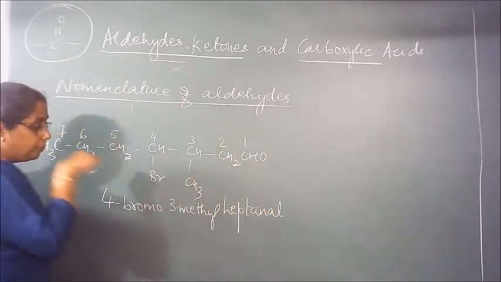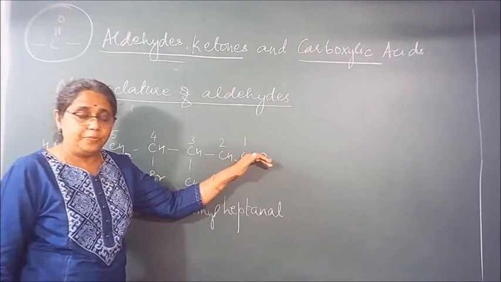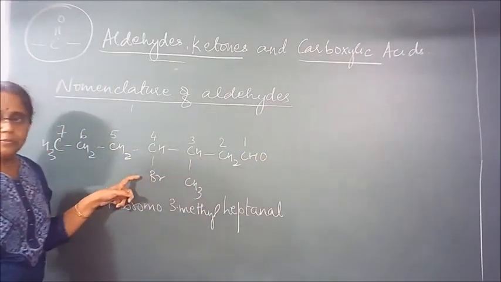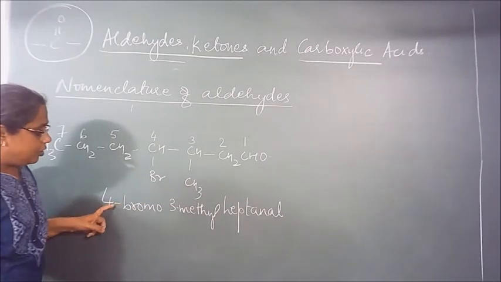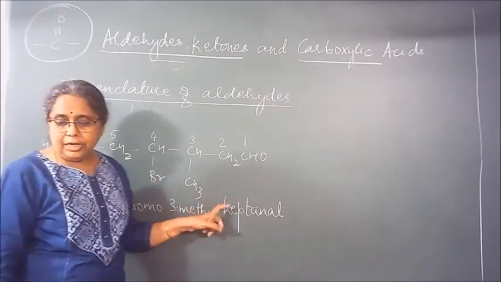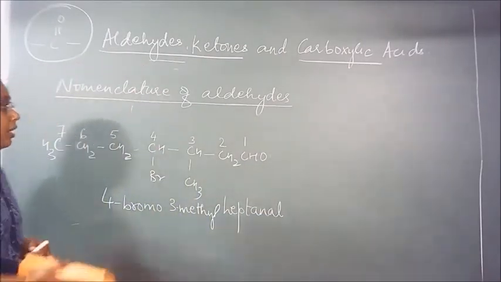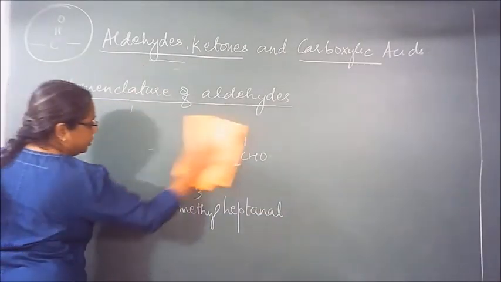The numbering is from the aldehyde end because the aldehyde gets the first preference. We do not write it as 3-methyl first because Br comes alphabetically first. So it is 4-bromo-3-methyl heptanal.